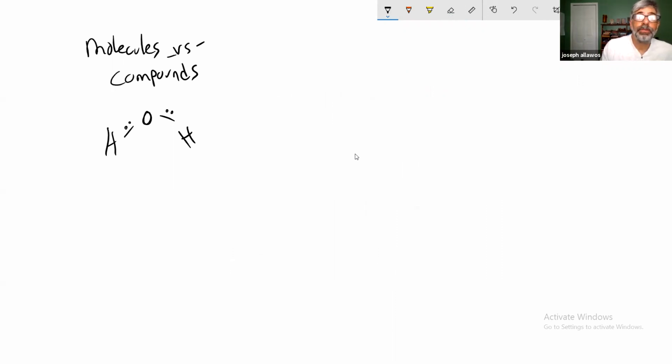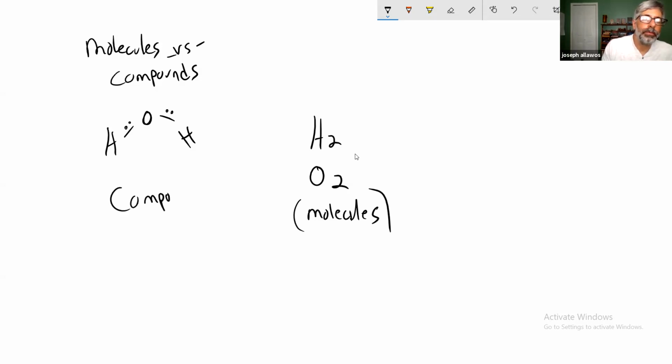They can be the two atoms of the same element. For example, H2 or O2 are molecules, right? But are they compounds? They are not compounds.